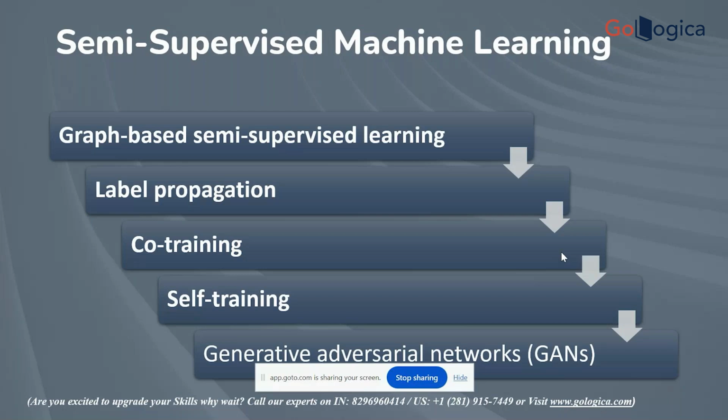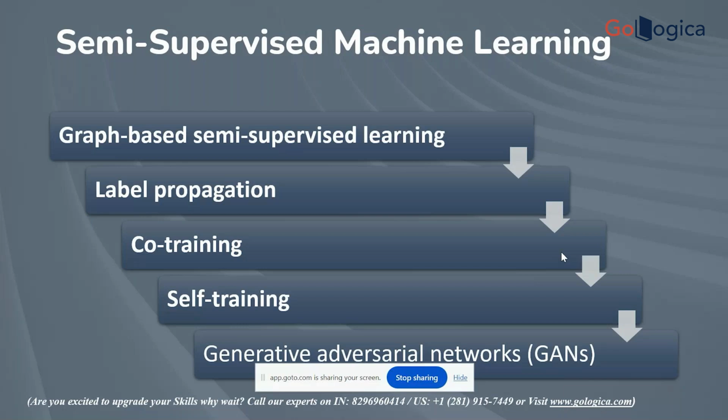Co-training. This approach trains two different machine learning models on different subsets of the data. The two models are then used to label each other's predictions. Self-training. This approach trains a machine learning model on the labeled data and then uses the model to predict labels for the unlabeled data. The model is then retrained on the labeled data and the predicted labels for the unlabeled data.